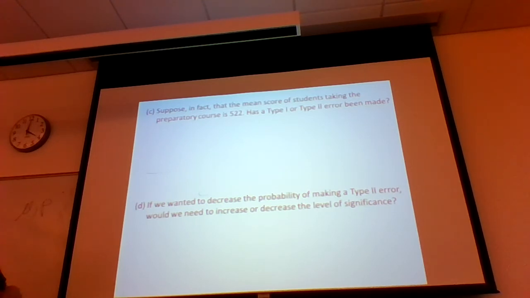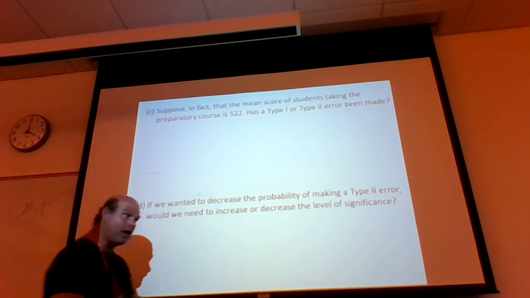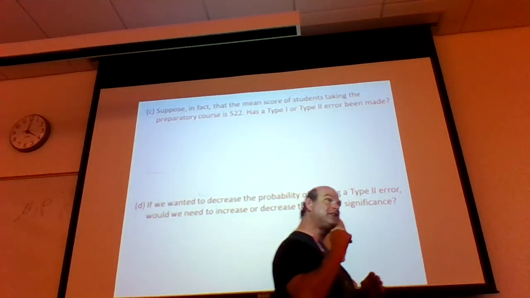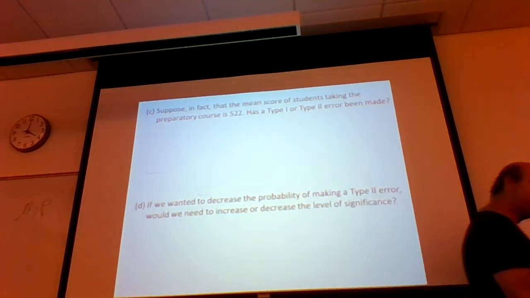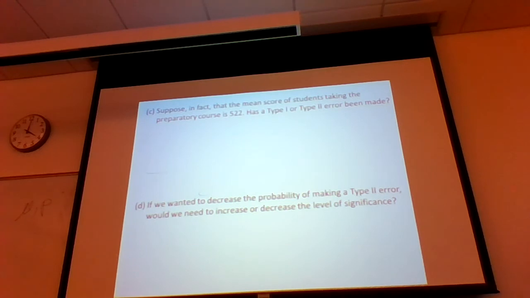Suppose in fact the mean score of the students taking the preparatory course is 522. That's contrary to what we did, because in part B we didn't reject the null hypothesis. We didn't find any evidence to think that the score was bigger than 516. But now let's say we do find evidence.